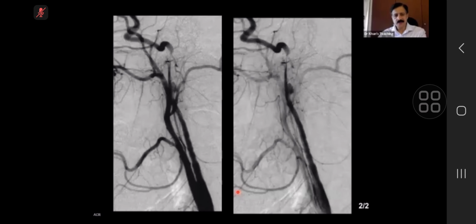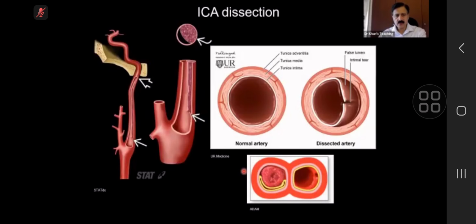Okay, let me take over. Dissection is very, very important for the exam. So first of all, etiology of dissection. In the exam, they will show you cases of stroke. This is one presentation. The patient will be young. Please remember, when a young patient comes to you with a stroke, always look for dissection.